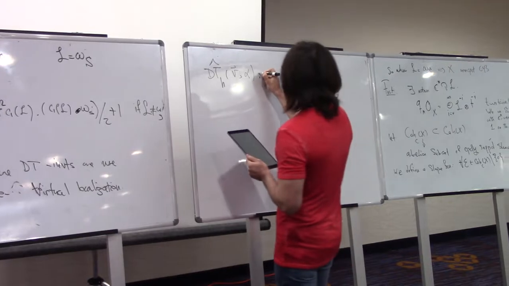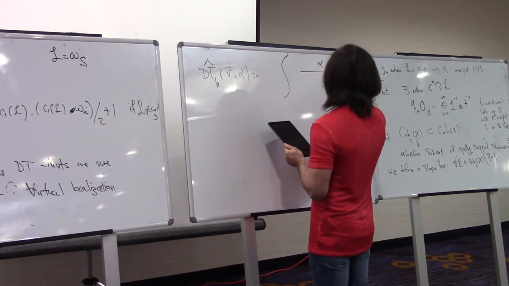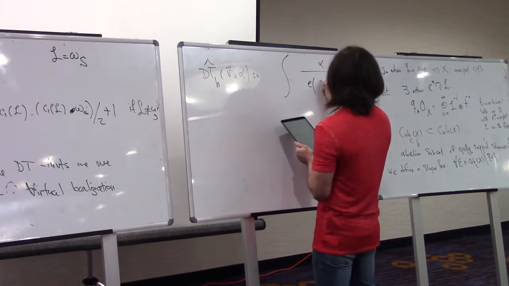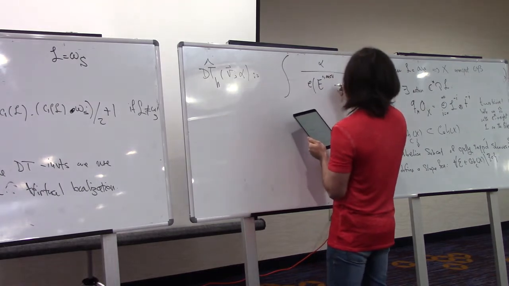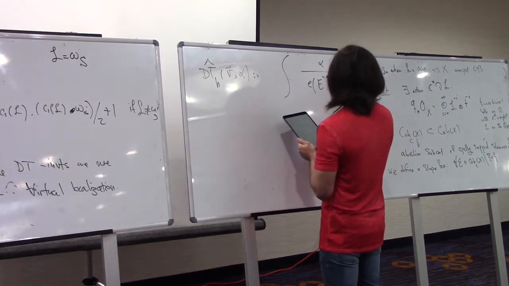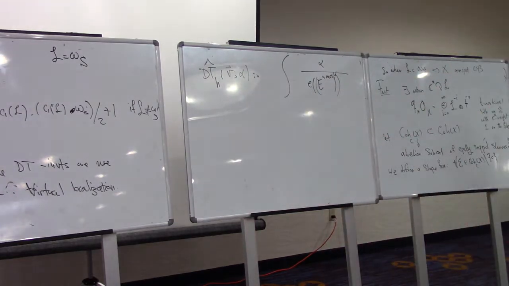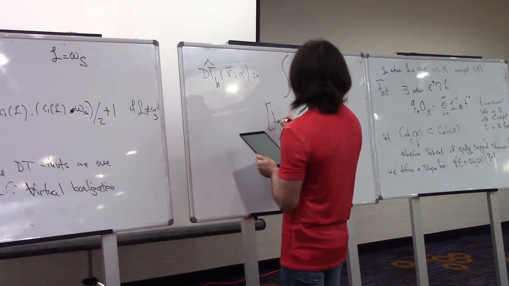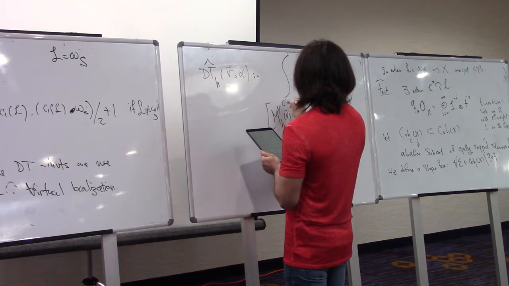So it is given by localization. It is some class alpha of appropriate degree, and then the Euler class of the virtual normal bundle, dual. This is the virtual normal bundle against the C star fixed virtual class.